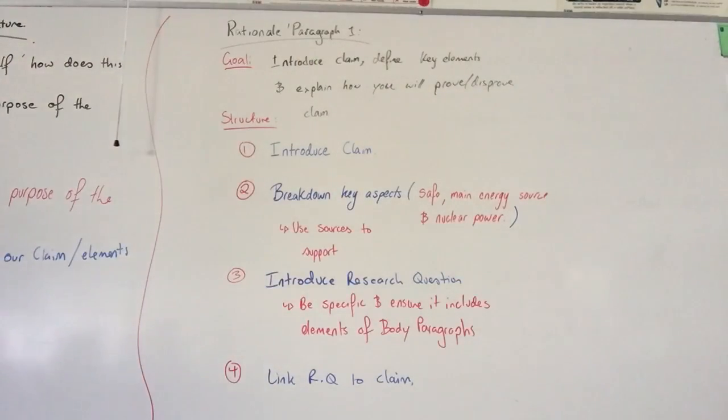Nuclear power should be used as it's a safe mode of electrical generation. Is that a very specific claim, a research question? What does nuclear power mean? What does safe mean?